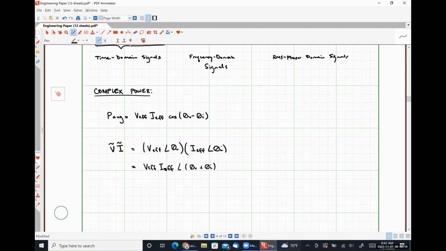Jake, you mumbled something. What was it that you mumbled? Yes. So the complex conjugate operation literally changes the sign on the angle only.